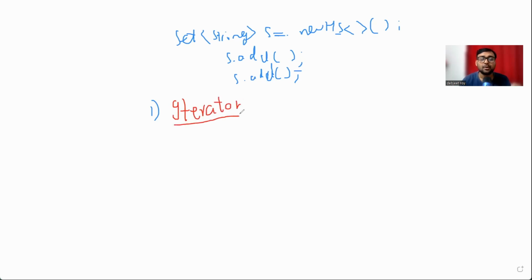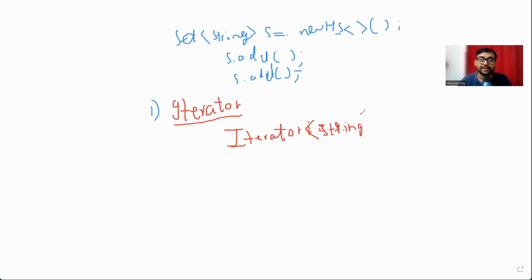This is one of the interfaces with the help of which we will iterate through each and every element of the set. So how will I use that? For this, we have to make use of the Iterator interface: Iterator i equal to s dot iterator. Here we have to pass the generics first, so what type it is, so that it doesn't allow any other type of data.